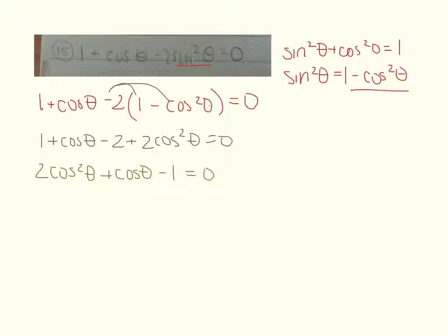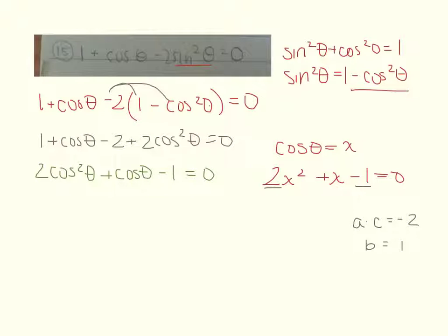And what I usually do is set up a problem where I'm calling cosine x and do this factoring work off to the side. So this equation is equivalent to 2x squared plus x minus 1 equals 0. And to factor anything where the first coefficient a is not equal to 1, we need to multiply a times c, which is negative 2, and b, which is 1, and we're looking for two things that multiply to negative 2 and add to 1.